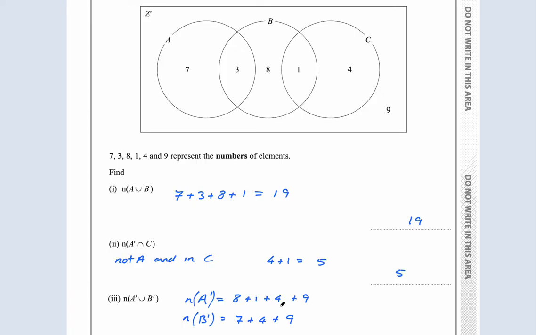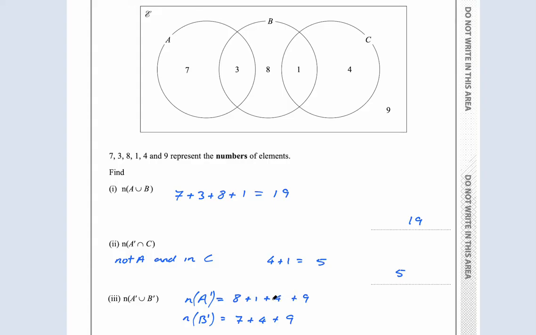I've already included the 9, so I'm not going to include them again. So if I need to get the union of both of these, the union will be, I need to count this 8, I need to count the 7, I need to count the 1, I need to count the 4. And by the way, guys, the 4 and the 9, I'm not going to count them twice.